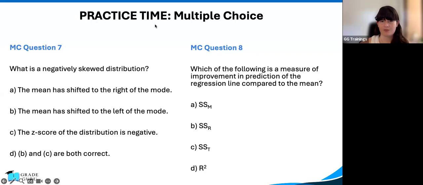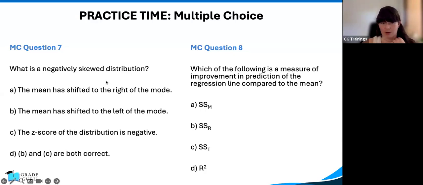All right. This should be fresh in your mind. Which of the following is a measure of improvement in prediction of the regression line when compared to the mean? Okay, we've got 3 A's, and that is correct.